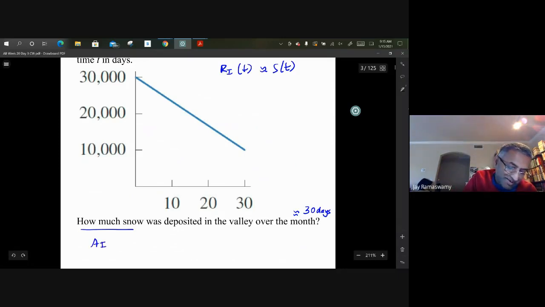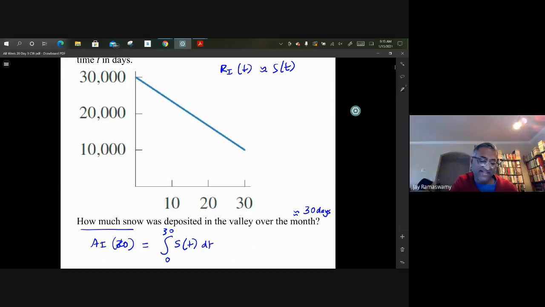So just write amount in over 30. Equals the integral from 0 to 30 of s of t dt. Correct? If I integrate the rate in, I'll get the amount in.